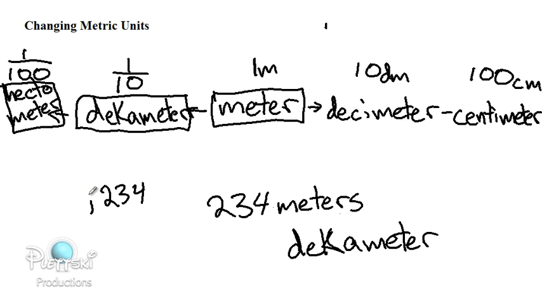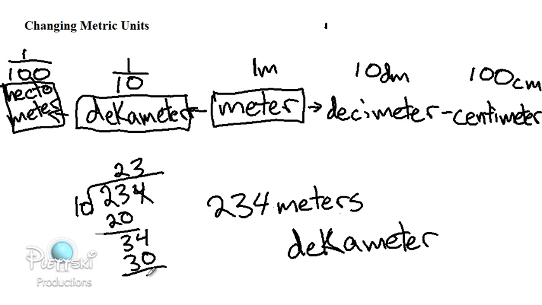234 divided by 10. Well, 10 goes into 23 2 times, and that would be 20. And it goes into 34 3 times. And then you're going to add a decimal and bring it up to the quotient.